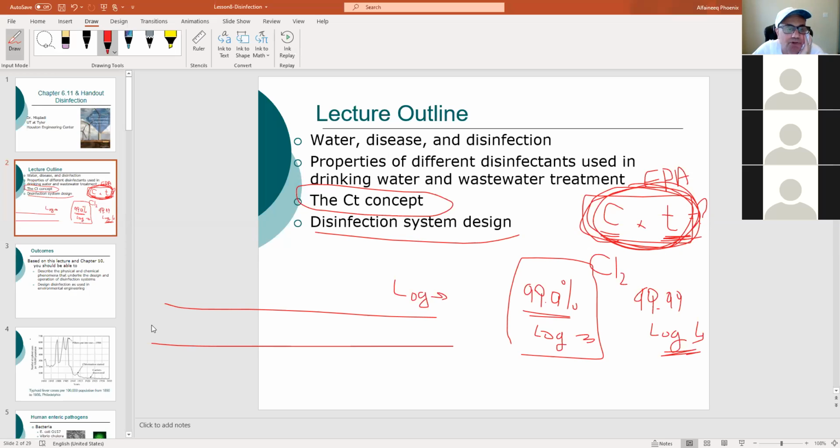You inject it from here and it takes time until it gets out from here, which means you have enough time of contact. If you make it shorter, it will not have sufficient time of contact.